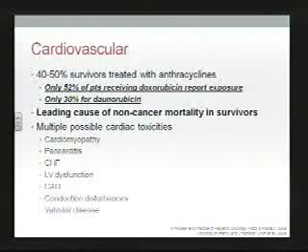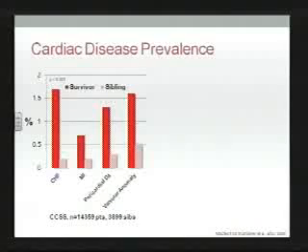And aside from left ventricle problems, there are other cardiomyopathies, pericardial disease, coronary artery disease, and conduction problems, as well as valvular problems that we can see. When the CCSS looked at this compared to the sibling population, we see an incredibly increased incidence of congestive heart failure, MI, pericardial disease, and valvular anomalies.